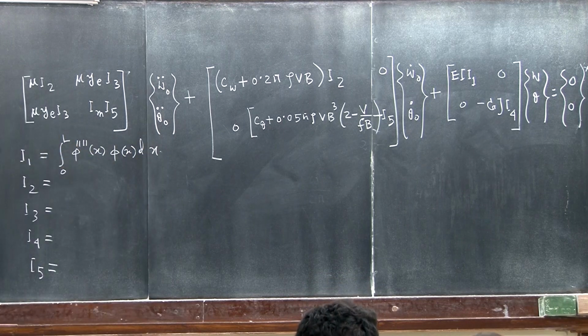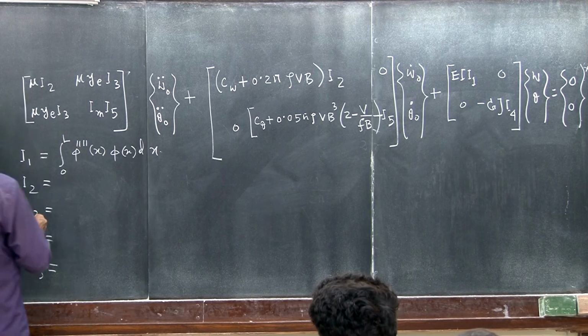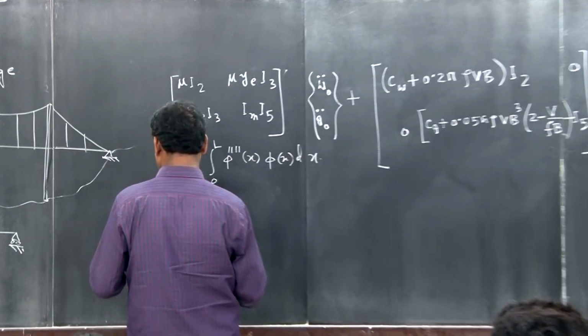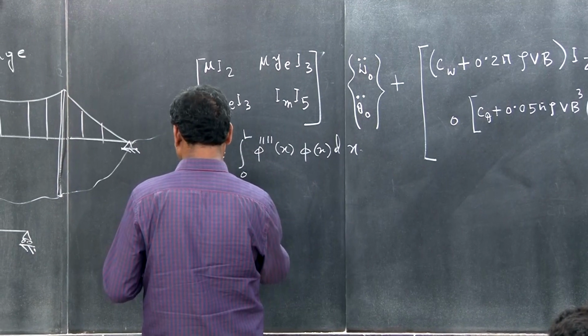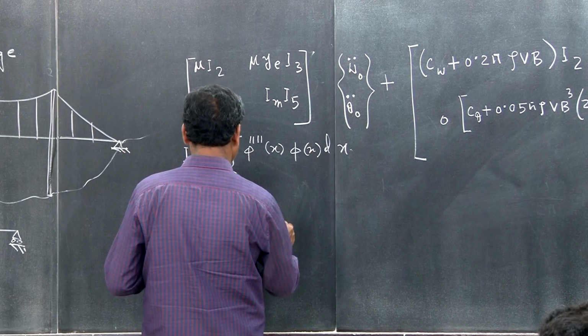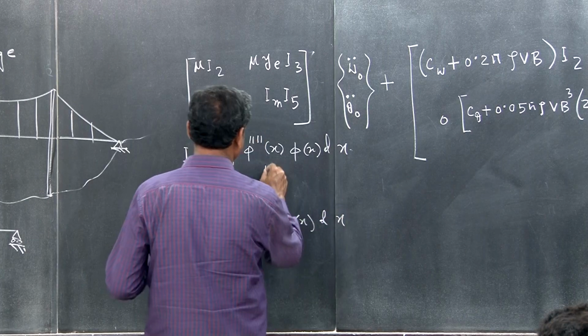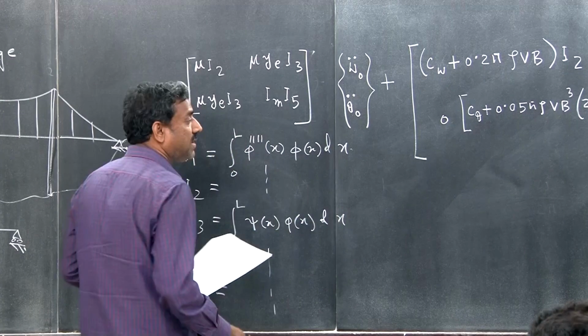Phi x, this derivative is space derivative and dot is time derivative, and similarly all others. Please note that for I3, it is psi x and phi x dx, and so on. All these things I have noted in the previous class.